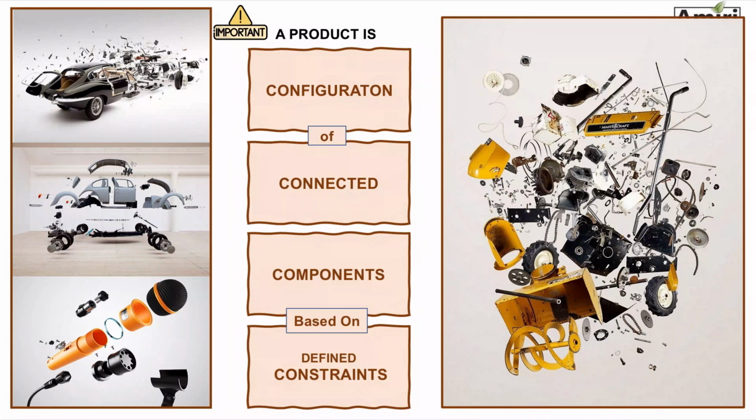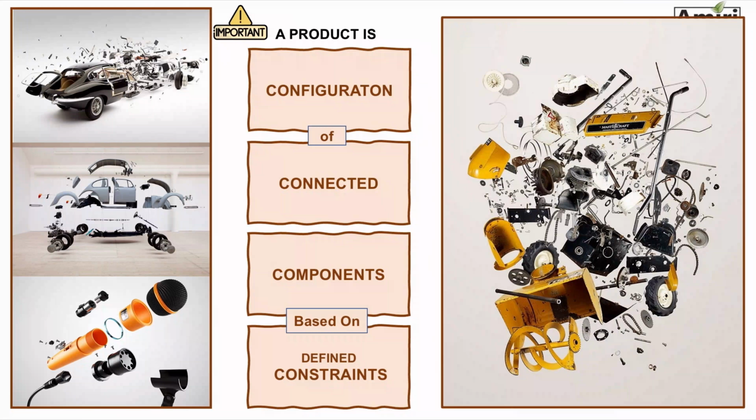And all of this is based on some constraints that you have. It's based on your engineering specifications, but also some spatial constraints that you might have. We'll talk about this again in the product development phase a little bit more.